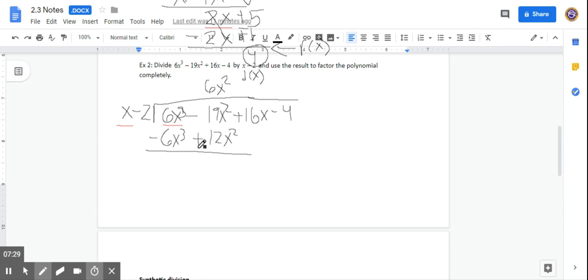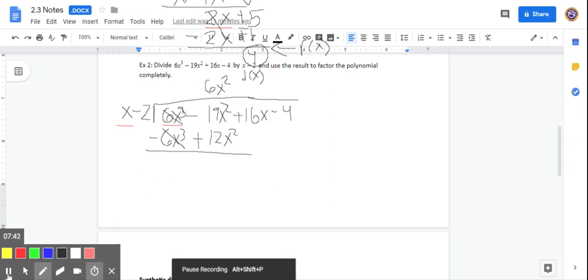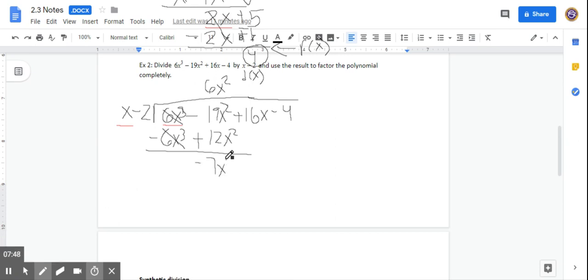Subtract. This becomes addition because of the double negative. Here, these cancel. And then negative 19x squared plus 12x squared gives us negative 7x squared. And we bring everything down.